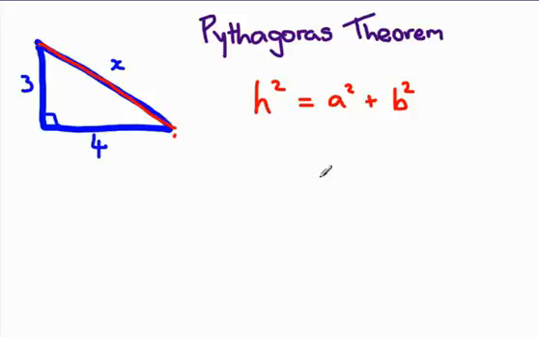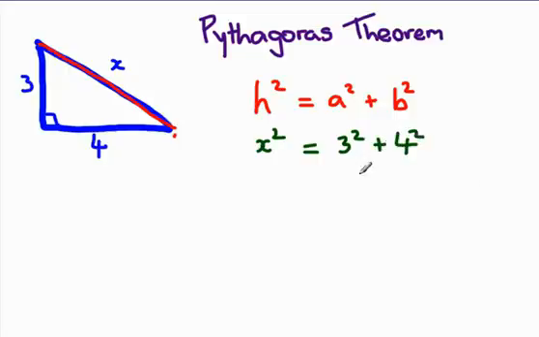So let's solve. Our first step, once we've written Pythagoras' theorem down, is to substitute. For our hypotenuse here, we're going to substitute: x squared equals a squared plus b squared. Now, I'm just going to use the smallest number here as a. You can use a bigger one if you like.